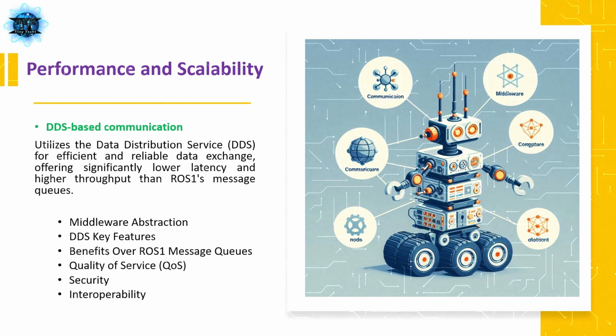Middleware is like a translator, as for your understanding. It helps the different parts of a robot talk to each other. ROS2 uses middleware, and one of its choices is DDS, as we discussed. Why does it matter? It makes communication between different robot parts more organized and efficient.